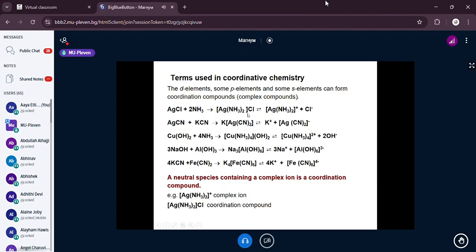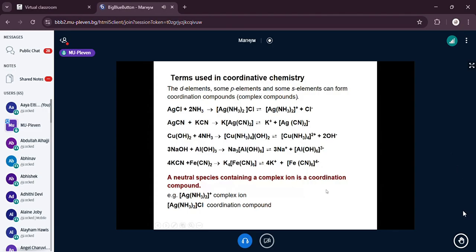But if this coordination compound is placed in water, it will release a complex ion. This ion, shown in brackets, is the complex ion. The charge of complex ions can be positive or sometimes negative, and can be 1, 2, 3, 4.